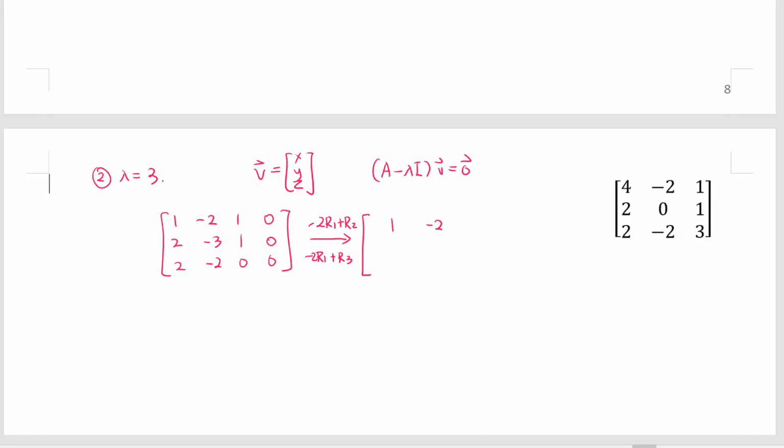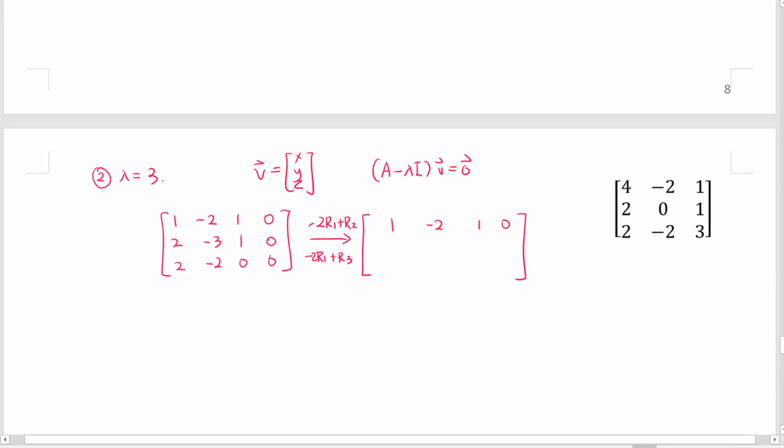1 minus 2, negative 1. 2 minus 2, 0. Negative 3 minus 2 times negative 2: negative 3 plus 4, 1. Next, 2 minus 2, 0.